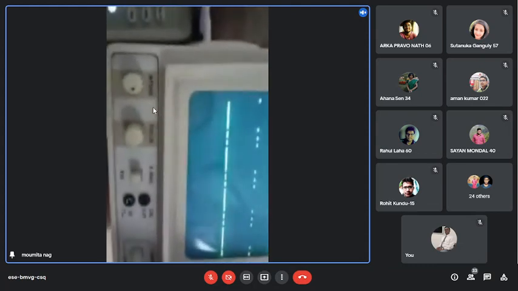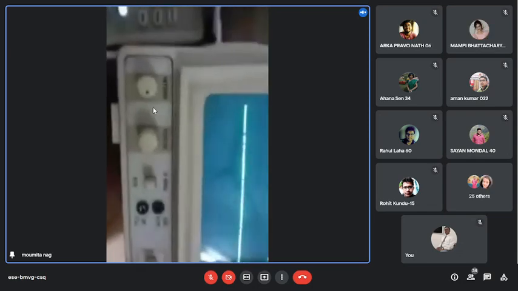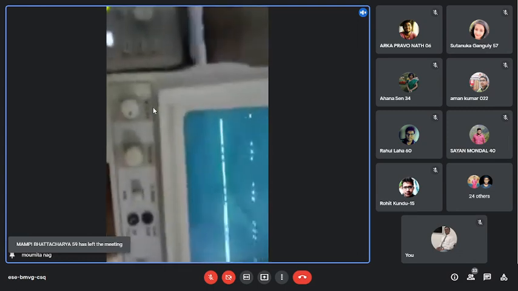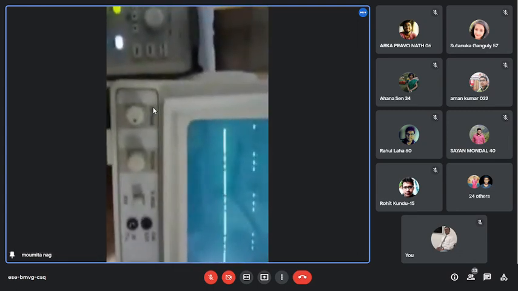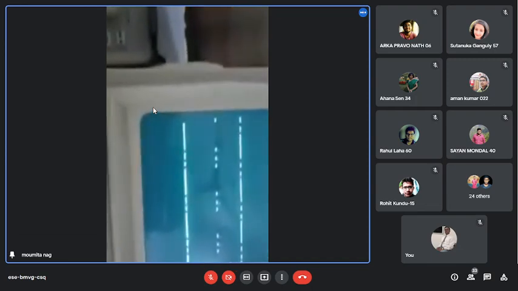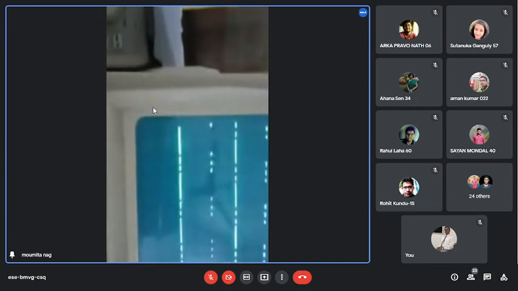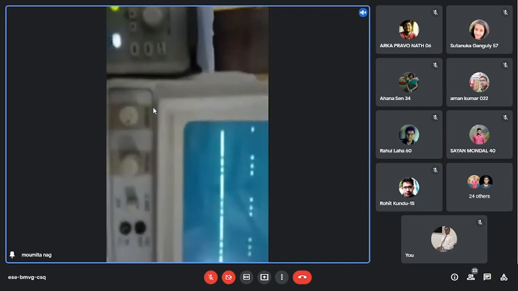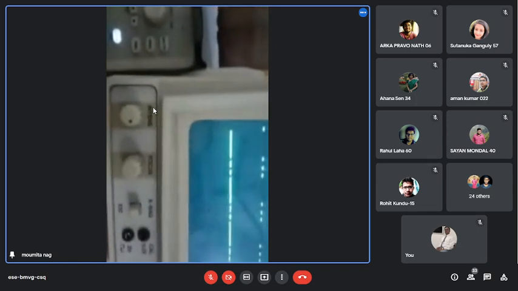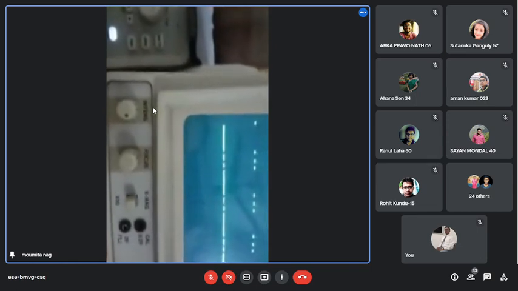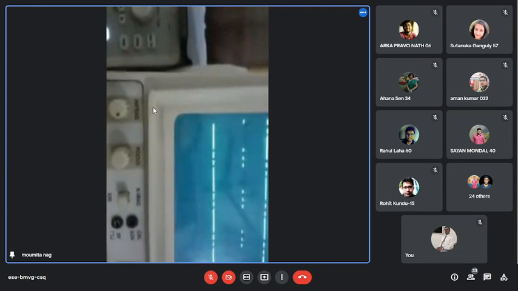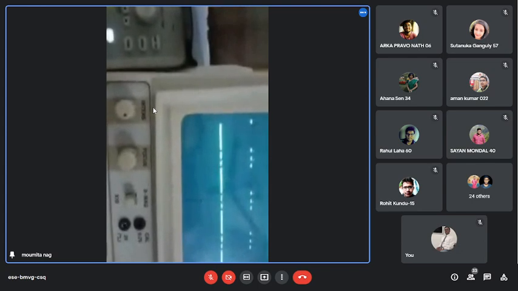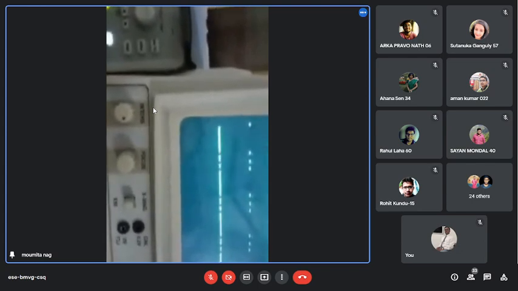তাহলে T on টাইমগুলো সেম। This is one small division. Time per division is kept at 2 milliseconds. How much is the T on? T on are the same. কত T on time?